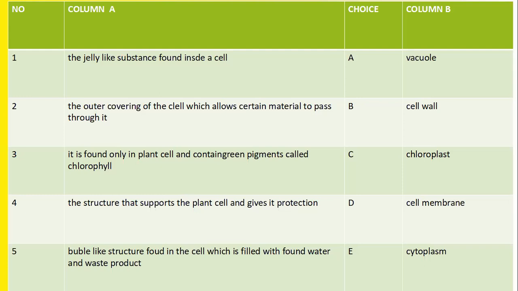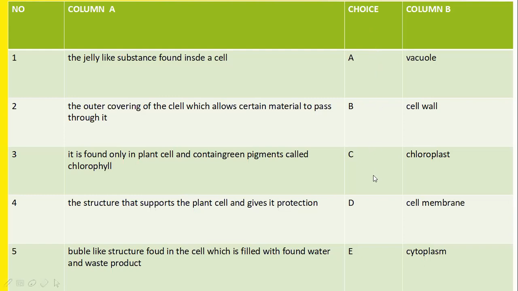The first one is in the first column. Here, the first column is the serial number. This one, the jelly-like substance found inside a cell, is number one. What is this? You take an option from the column on top of which choice is written.